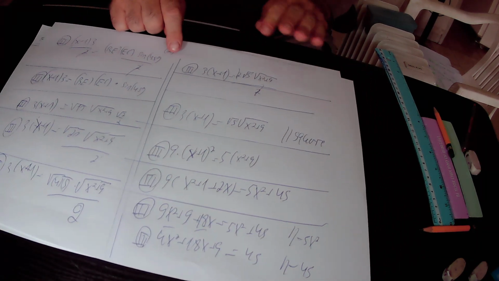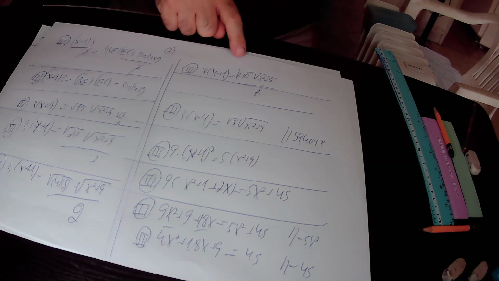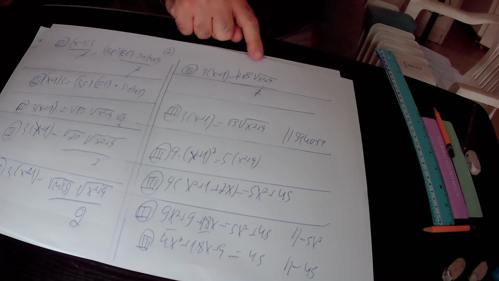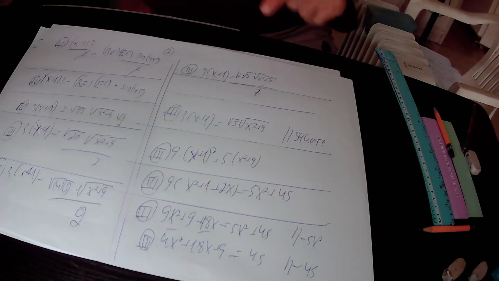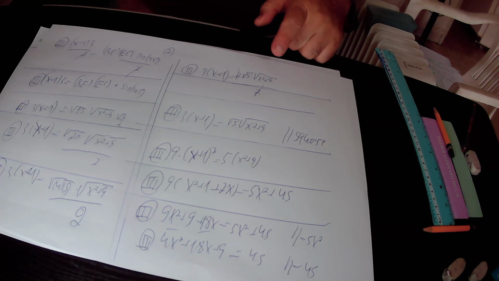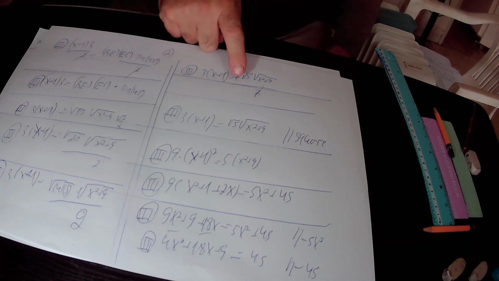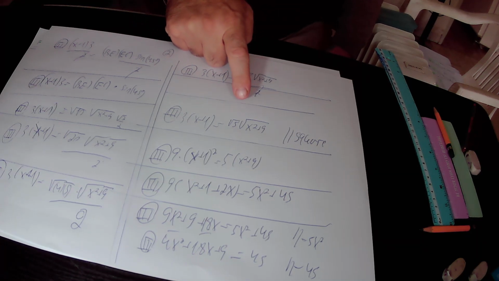So 3 times x plus 1 equals 2 times the square root of 5 times the square root of x squared plus 9 divided by 2. We have 2 in the denominator, so 2 will get cancelled. We found that 3 times x plus 1 equals the square root of 5 times the square root of x squared plus 9.